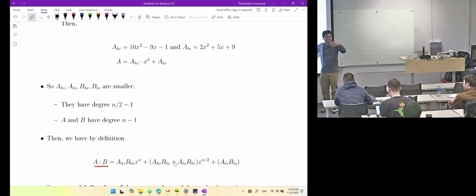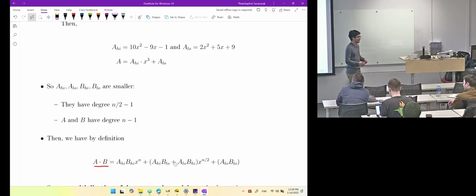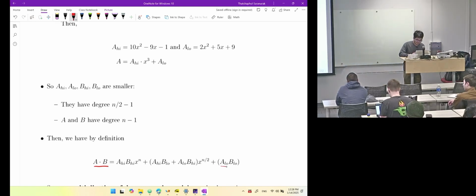Just expand the multiplication out, but you have only A low, B low, A high and B high as your coefficients, so to speak. So you can write it like this.